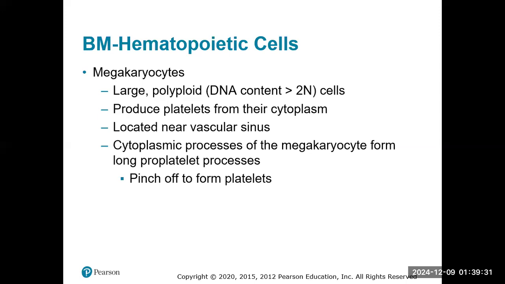Well, the megakaryocyte is going to be the largest cell that you typically see in a normal bone marrow. It has a nucleus, but it has a lot of cytoplasm. Well, the platelets are actually the smallest blood cells that we'll see in the peripheral blood.